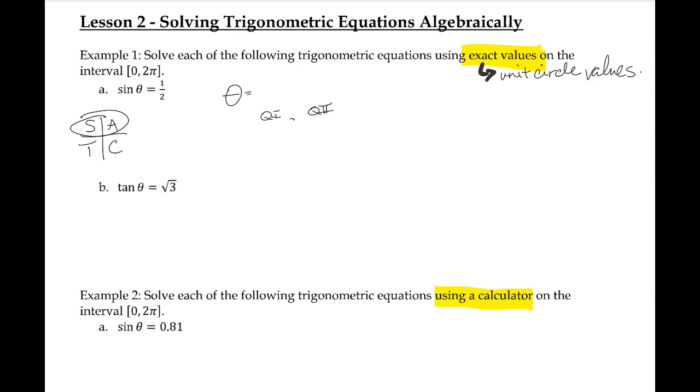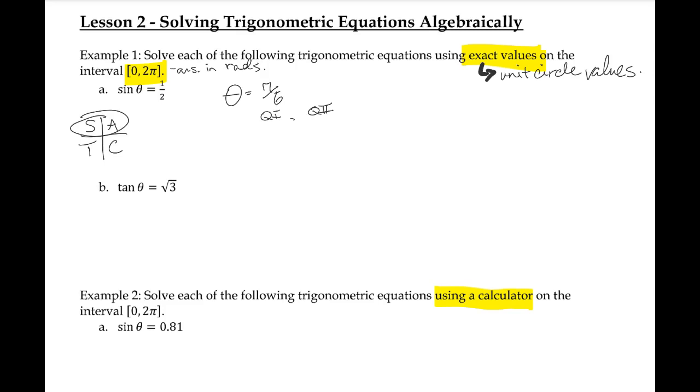The other thing I need to consider is, when in quadrant 1 does sine theta equal 1/2? If I have those values memorized, or if I look at my unit circle, I'm going to see that that happens at pi over 6. And again, I'm going to use radians because that's the domain that I'm given in my question. So in quadrant 1, it's pi over 6.